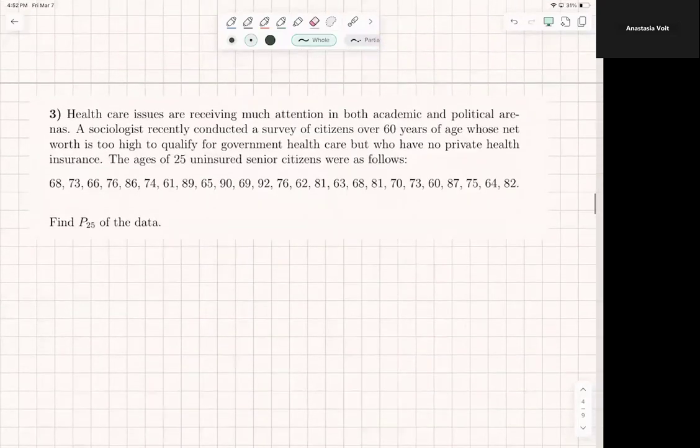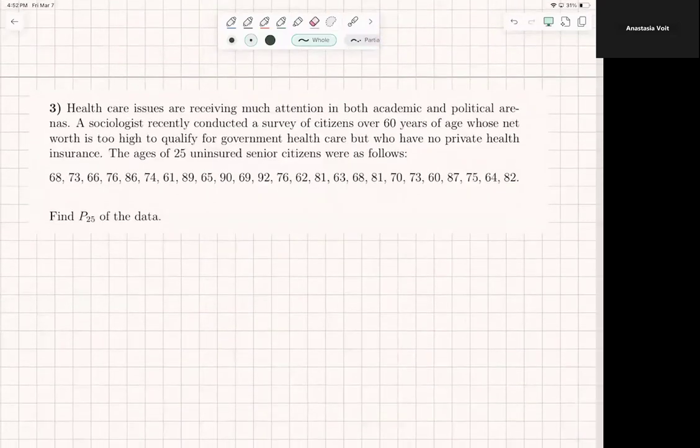Now, next problem is healthcare issues. Okay, healthcare issues are receiving much attention in both academic and political arenas.